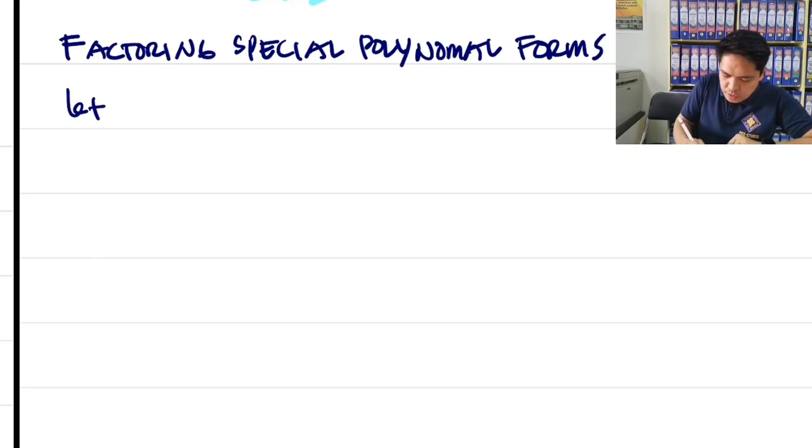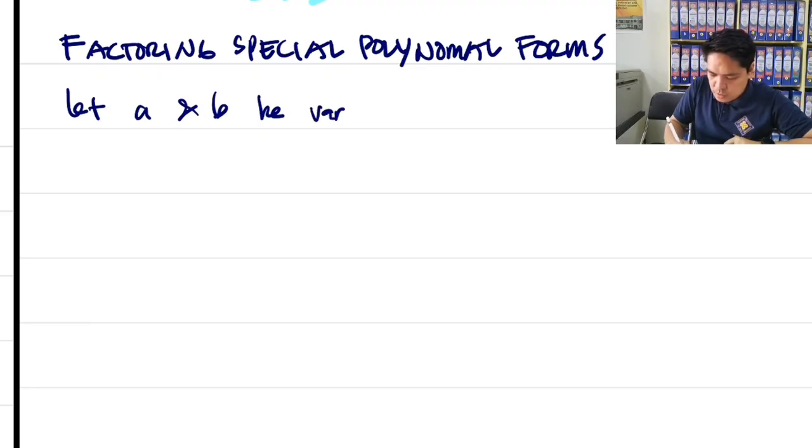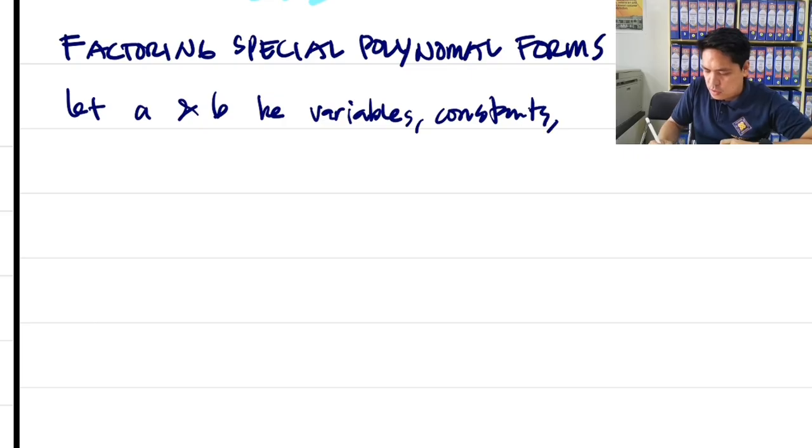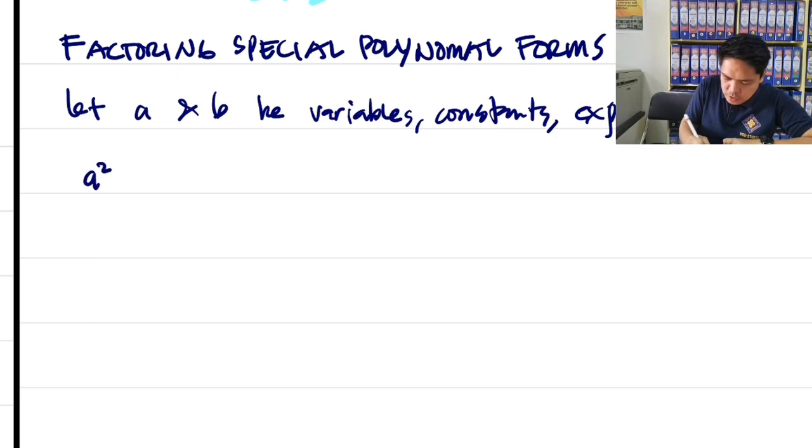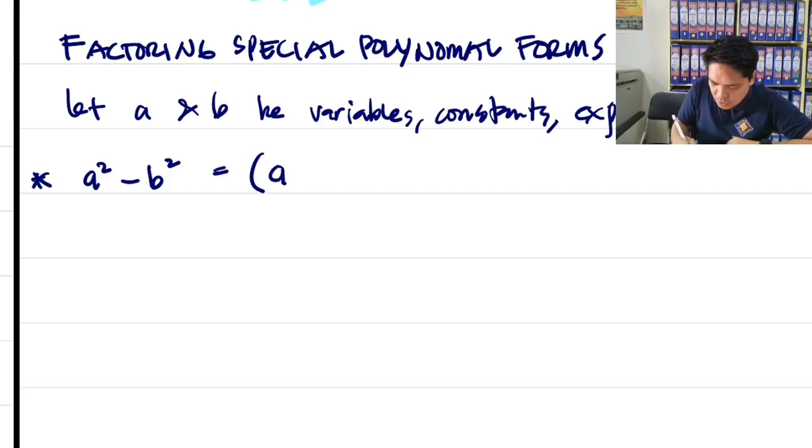If we let a and b be variables, constants, or algebraic expressions, the first form is a squared minus b squared. a squared minus b squared is a special product. Kanina I've already mentioned that. This is the special product of a plus b and a minus b.